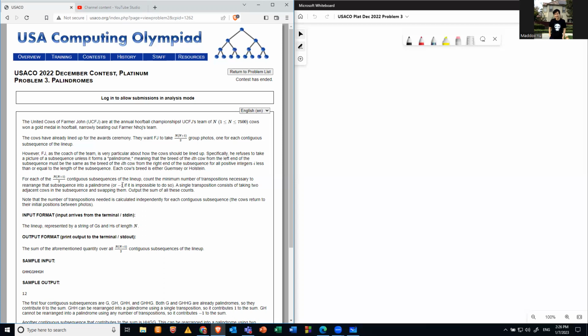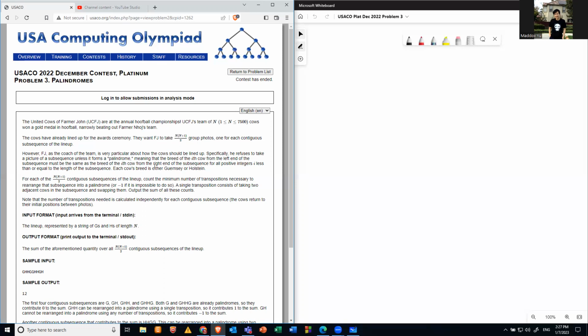The question is, for all the possible combinations of a sequence, right, that they want to take photos. It's a continuous subsequence, right? So there's N times N plus 1 divided by 2 of those groups.